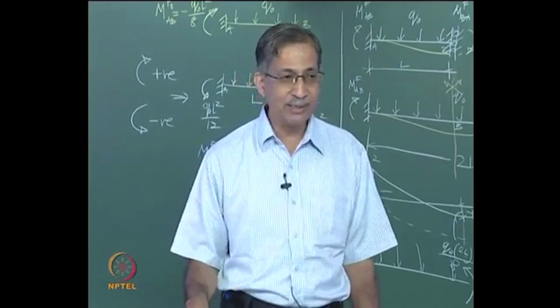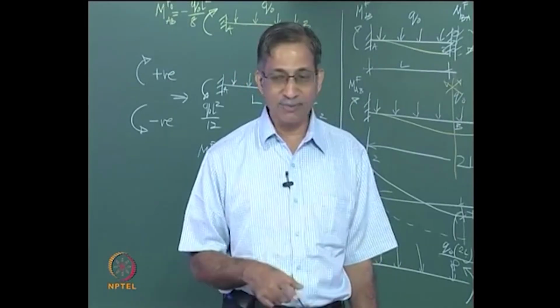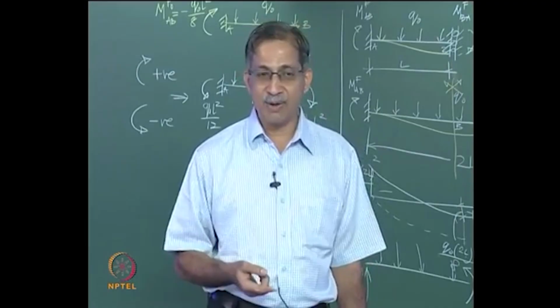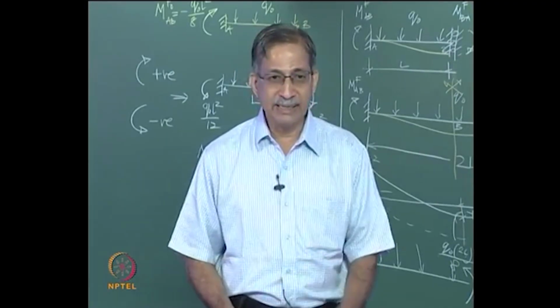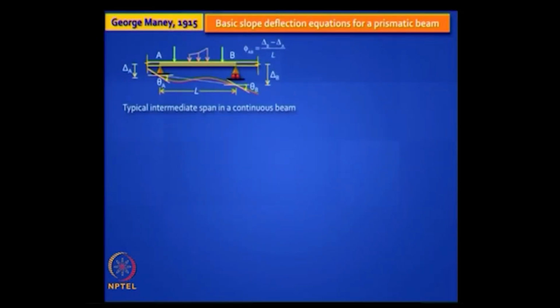In the shape I have shown, theta A is clockwise, it is a flexural rotation, theta B is clockwise, it is a flexural rotation, and chord rotation for that entire strip phi AB is also clockwise. Can you see that? I have assumed delta B to be more than delta A. If delta B is equal to delta A, then that chord does not rotate at all, you do not have differential settlement.